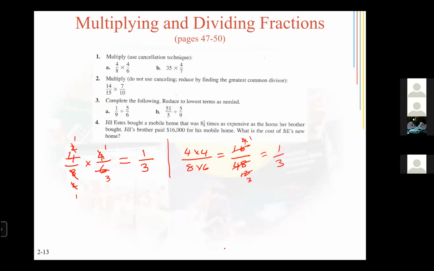They didn't give us any in this example, but let's look at one. If I say 5 and 3/8 multiplied by 2 and 1/5, we want to do that mixed number multiplication.